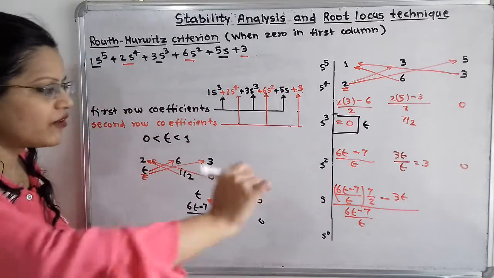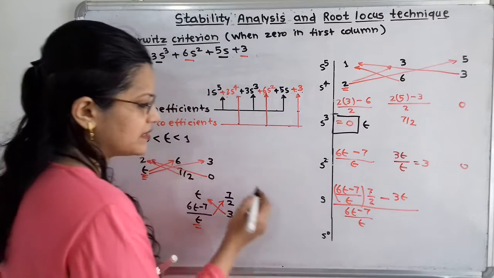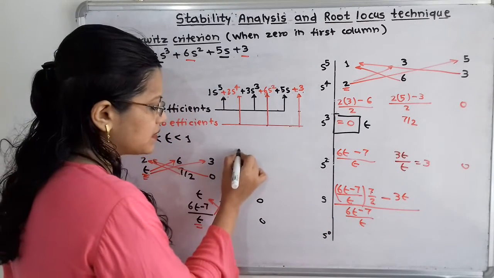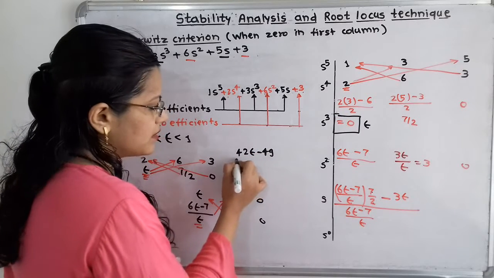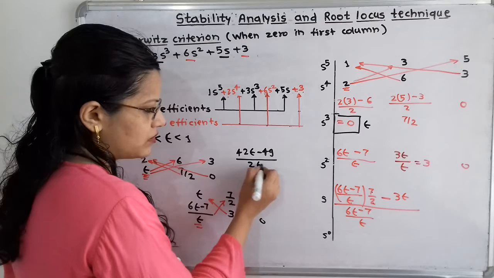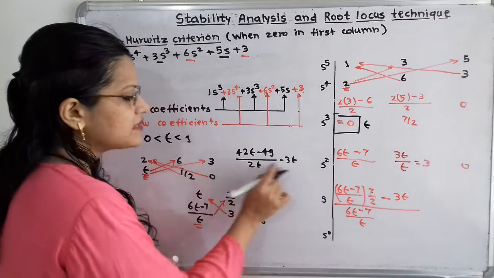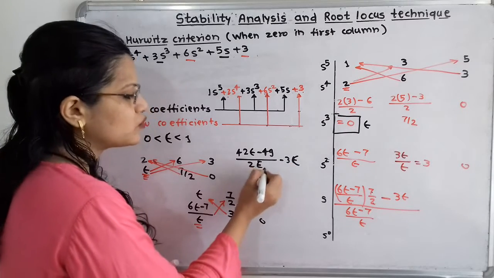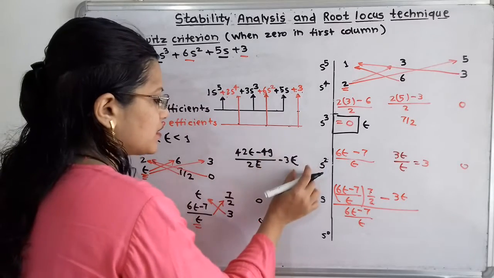So first I will multiply 7 inside with the 2 inside the bracket. So here 7 multiplied by 6 is 42 epsilon minus 49 divided by 2 epsilon, minus here 3 epsilon. Then I will simplify this. For this 3 epsilon also I will take the denominator as 2 epsilon, so we have to multiply this 2 epsilon with numerator and denominator.